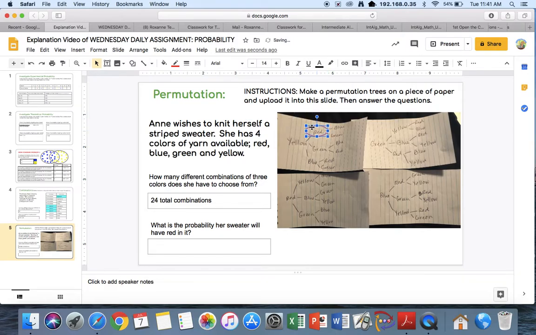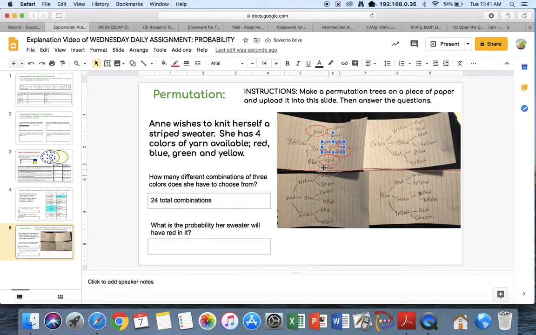So I'm going to copy, paste it. Where's another red? Well, I see red here. Paste another one. I see red here. Okay, so those are the only reds I see in that one. Paste another circle.